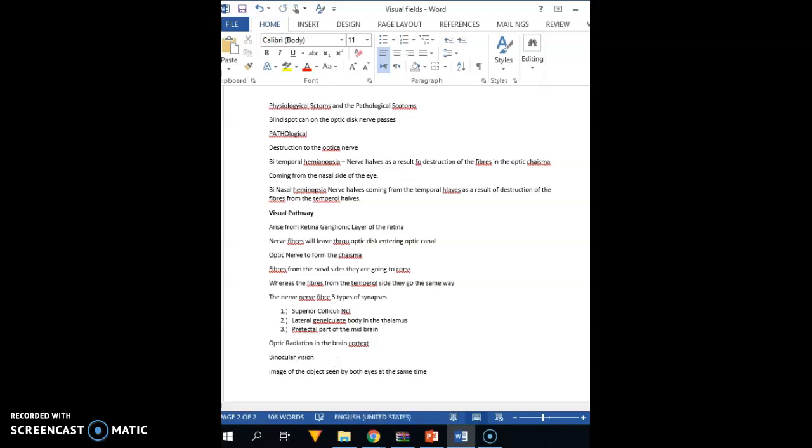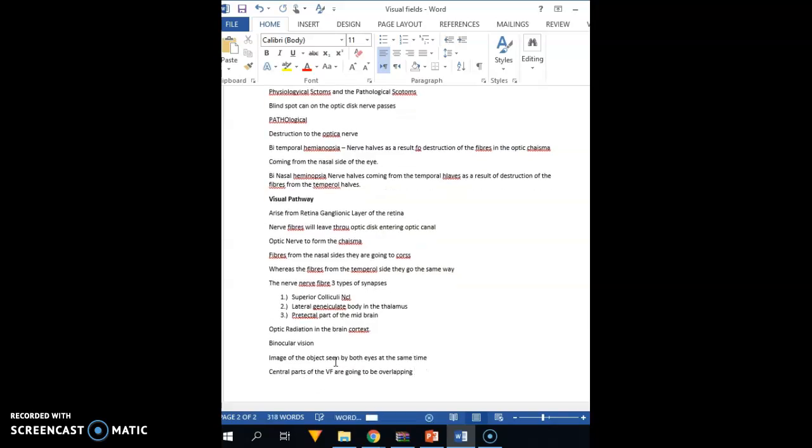The central parts of the visual fields are going to be overlapping, and there are going to be corresponding points.